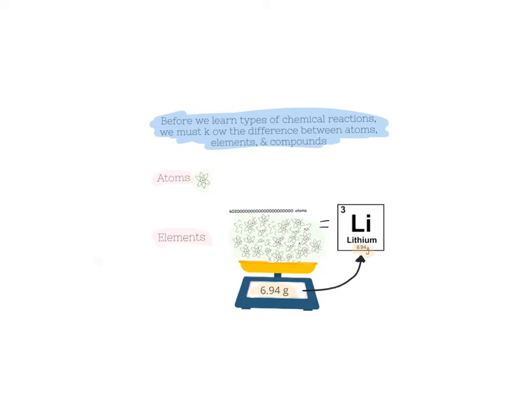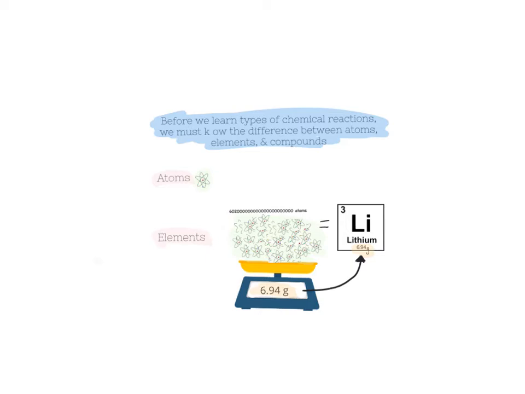Just one of those is an atom. But if I took 6.02 times 10 to the 23rd atoms and piled them together, and we weighed them on a scale, it would weigh 6.94 grams per mole. We calculate atoms in a mole, kind of like 12 eggs make a dozen. Atoms are so small, we pile them really close together and we get enough of them to make 1 mole.